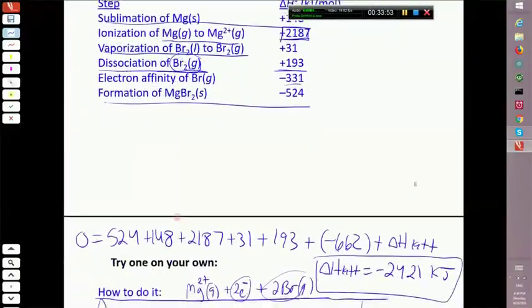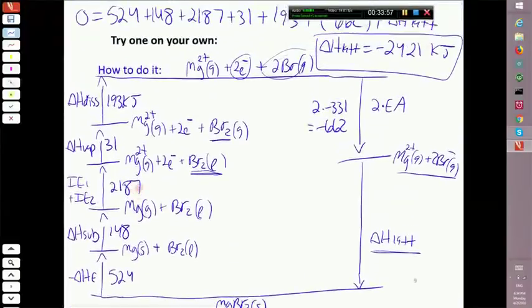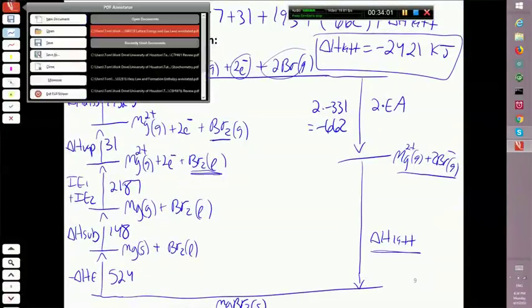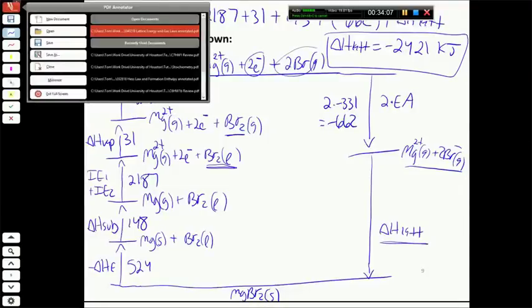I don't know if I should put it on a separate page. Probably should, if I can figure out how to do that again. I'm going to add an extra page and do this, because I don't want to confuse this with what we were doing before.